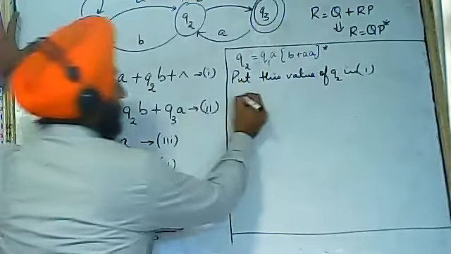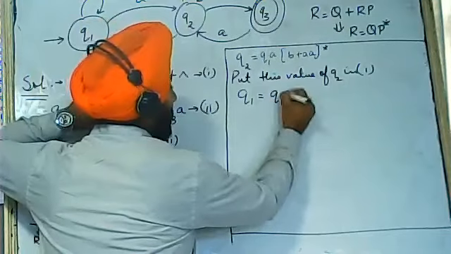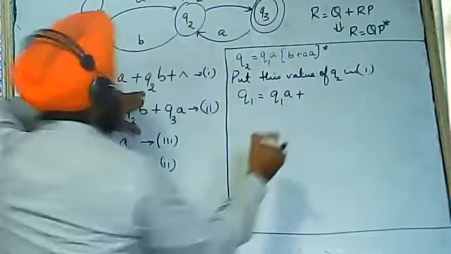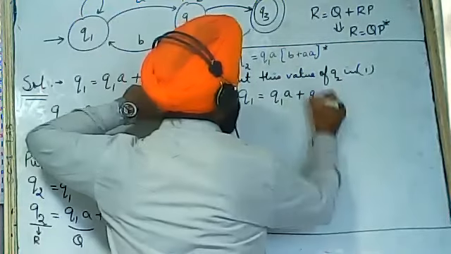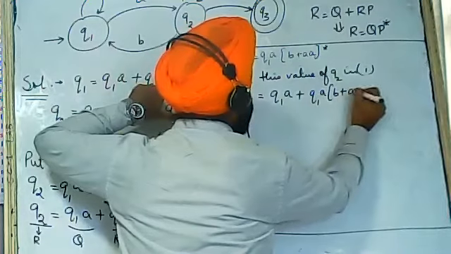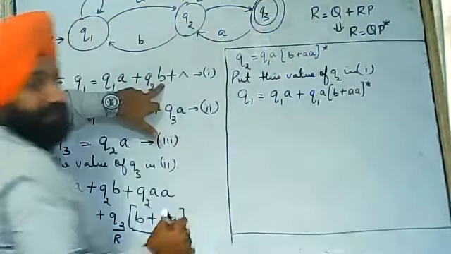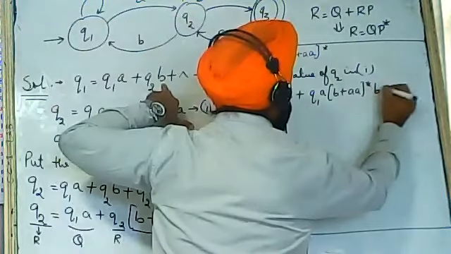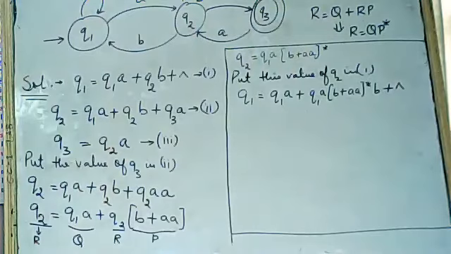Your equation becomes Q1 equals Q1A plus, instead of this Q2, now Q1A B plus AA star, and this B will be written as such, plus null, right?